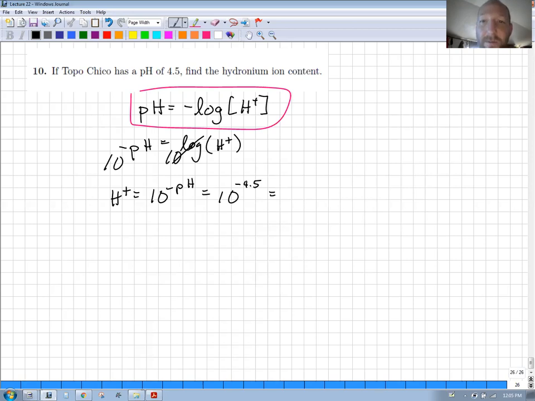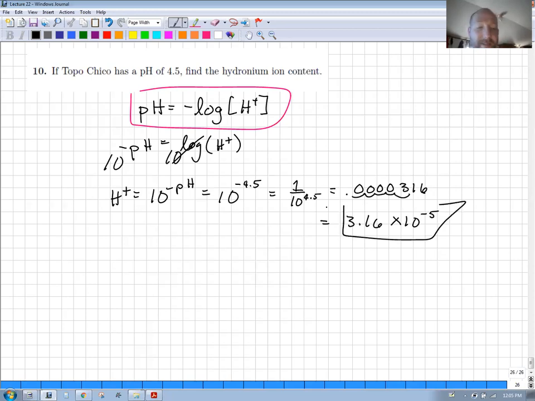This is the same as 1 over 10 to the 4.5. Oh, there's a 10 to the x button. Negative 4.5 equals 10 to the, this is 0.0000316, or 3.16 times 10 to the negative 5 in scientific notation.